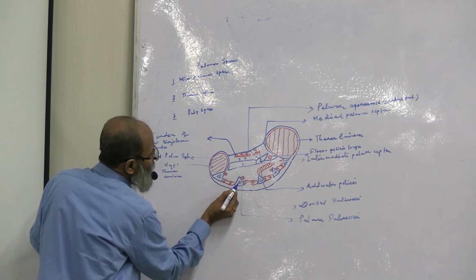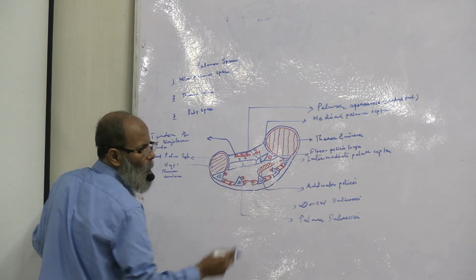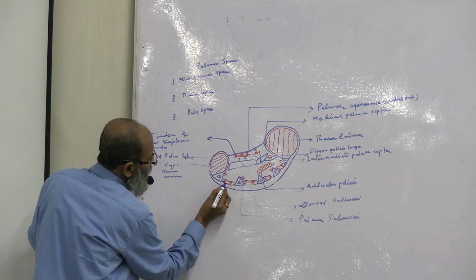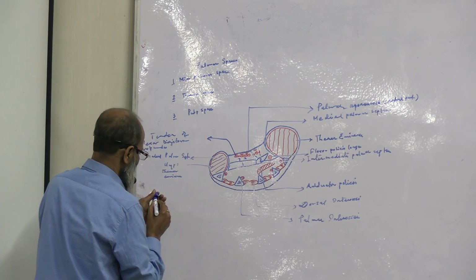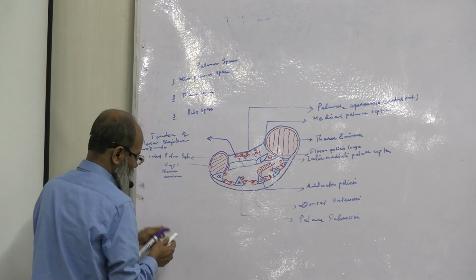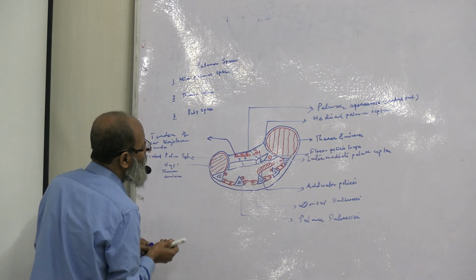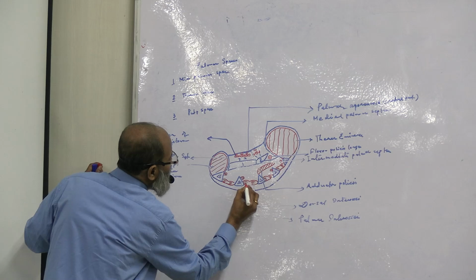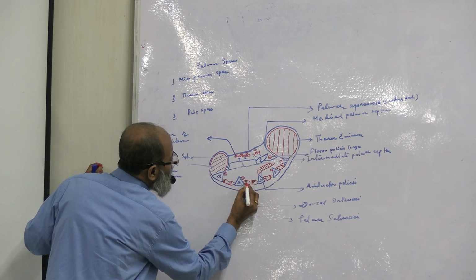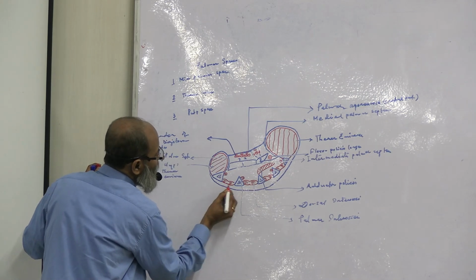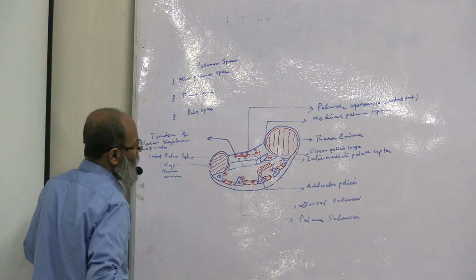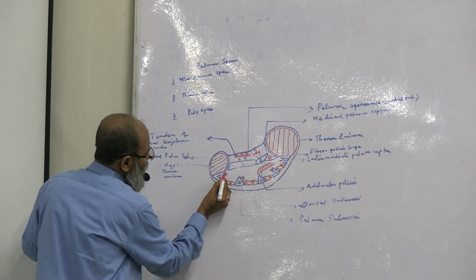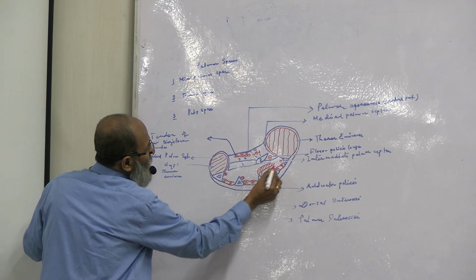These are the 5 metacarpal bones, and you see these are the dorsal interossei. These are the 4 dorsal interossei, and these are the 4 palmar interossei.